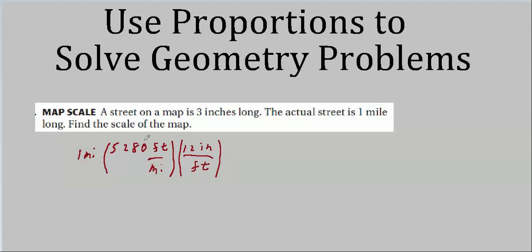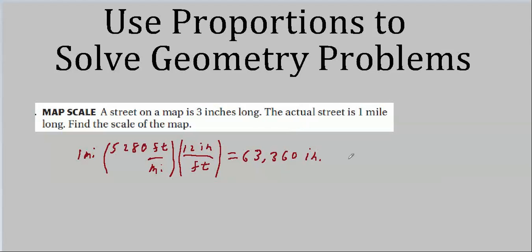In other words, 5,280 feet per mile. If we multiply that through by 1 mile, then we'll get 5,280 feet. 12 inches per foot. The foot cancels, and we multiply the 12 times the 5,280, and we will get the number of inches in a mile. So if we do that, we get 63,360 inches in a mile.